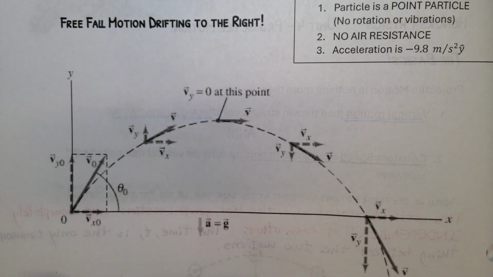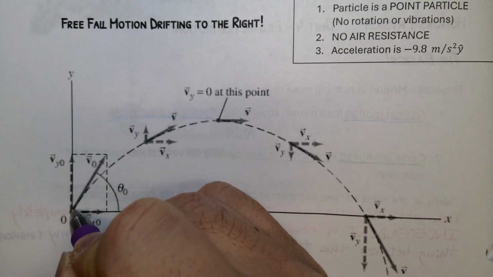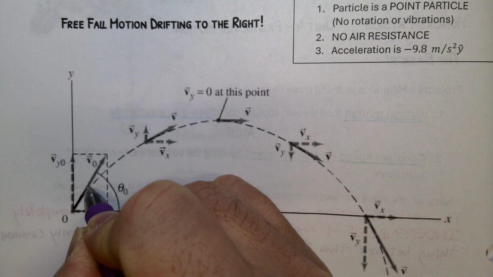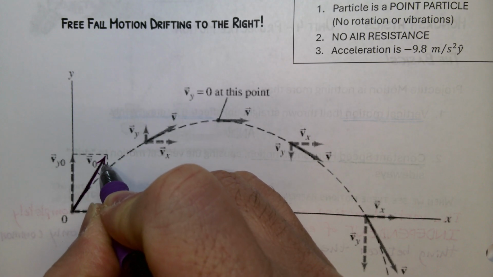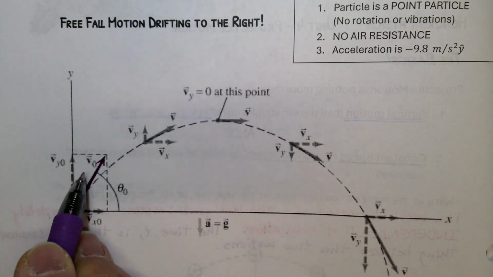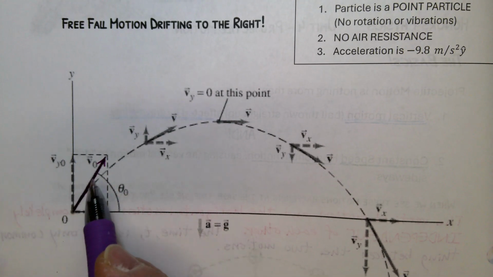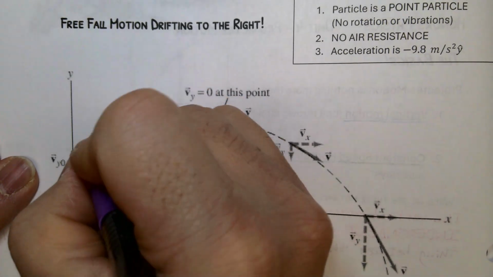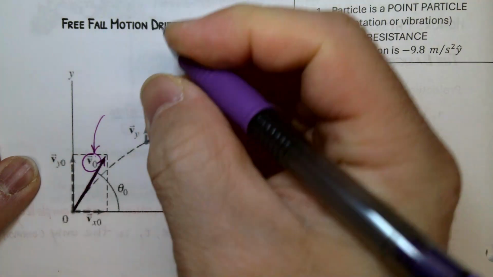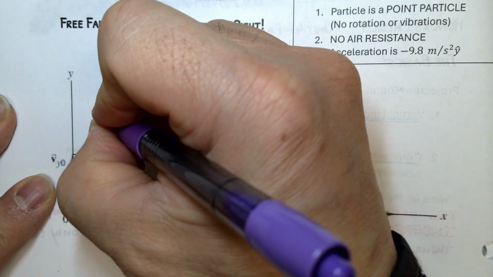So if I were to launch a cannonball or kick a soccer ball at this angle with this initial velocity of v naught, right? This v naught is the initial velocity.